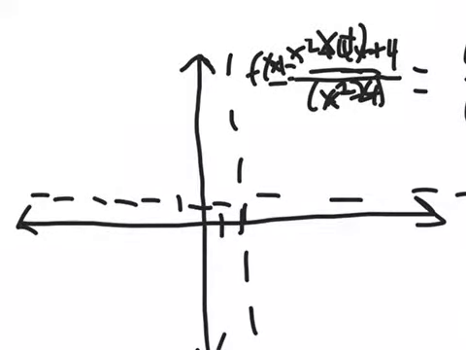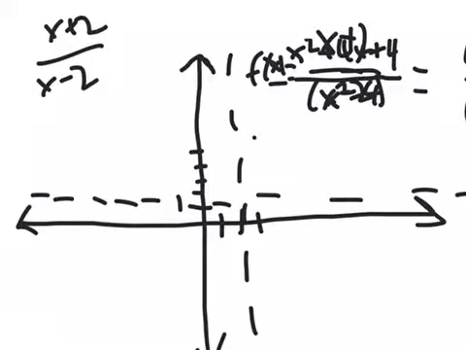Alright, so it's x plus 2 over x minus 2. So when x is equal to 3, what is y? y would be 5. And when x is 4, y would be 3.